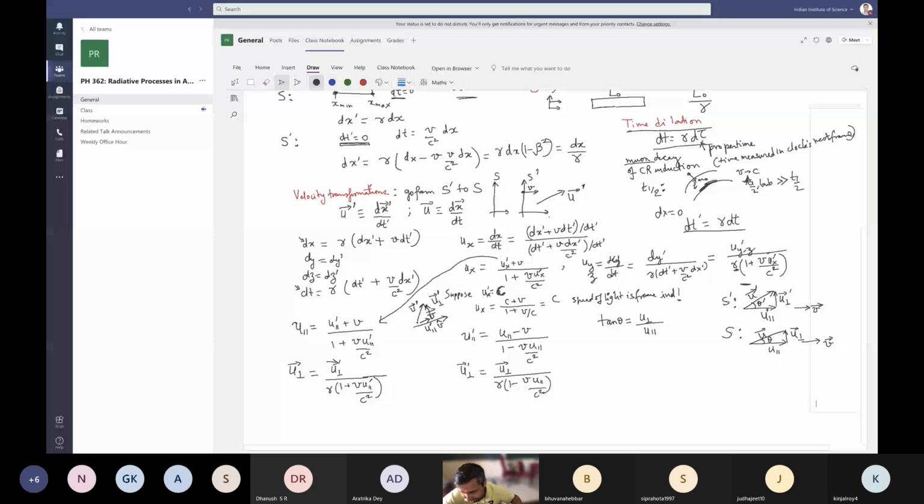That's the question, and this is called the aberration formula. How do the angles related to these velocities measured in frames S and S prime transform? Aberration formula.